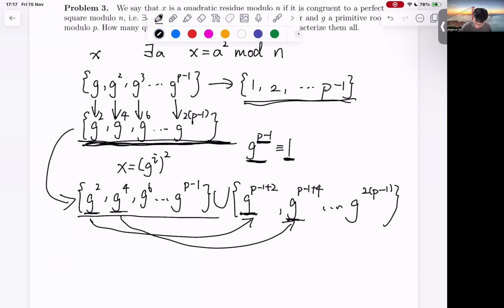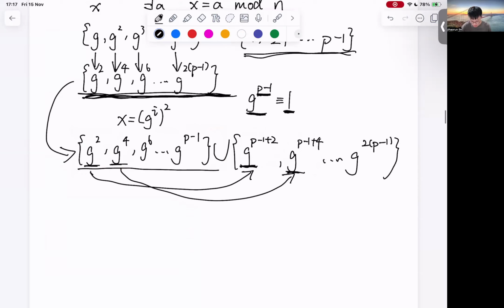So we only have to consider here. And how many elements do we have here? We simply have P minus 1 over 2, right? Since we are excluding those G to the power of 1 and 3 and 5, etc. So it's P minus 1 over 2.